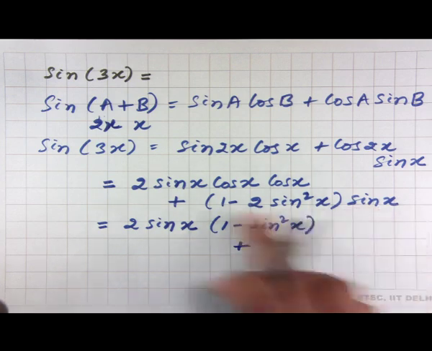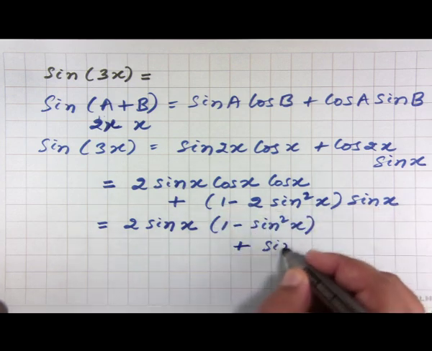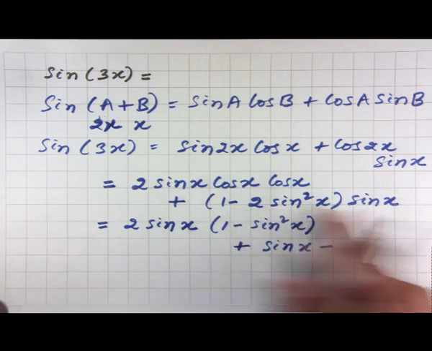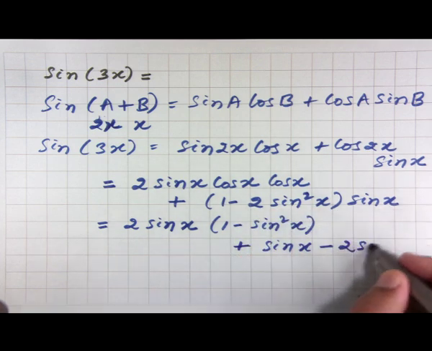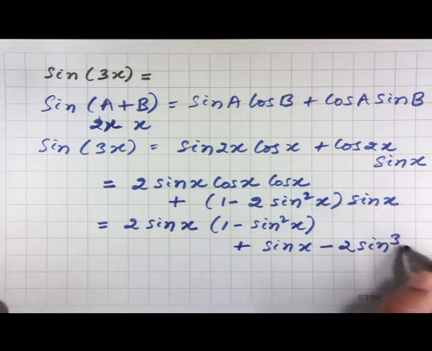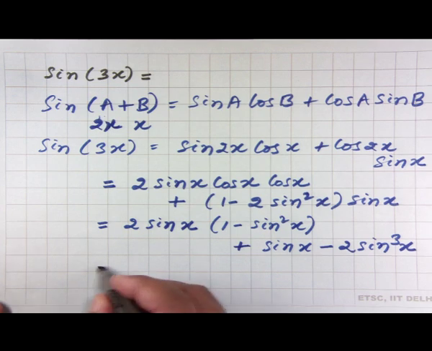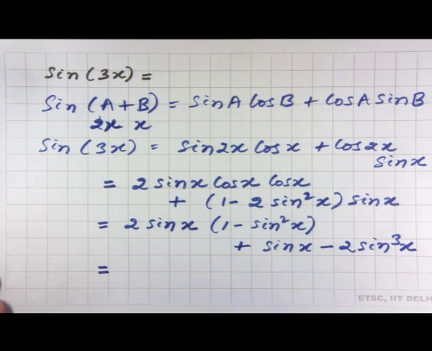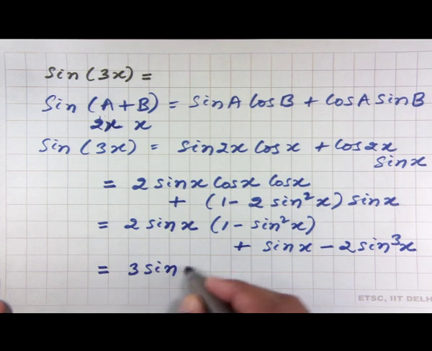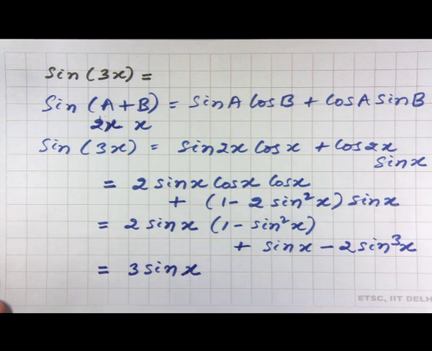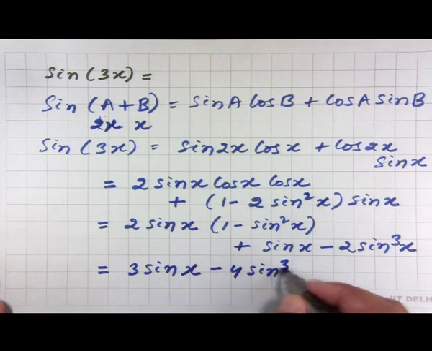So, it becomes sin x minus 2 sin cube x, which, if you simplify further, will be equal to 3 sin x minus 4 sin cube x.